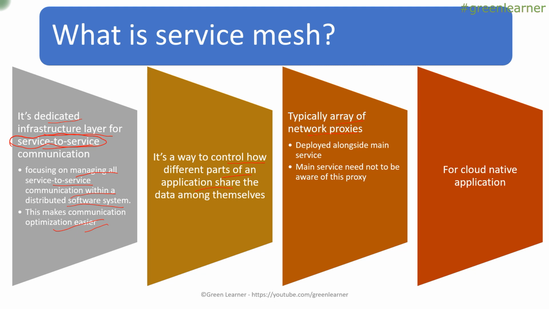When you combine sidecar patterns with multiple services, it looks like a typical array of network proxies. It is deployed alongside the main service, and the main service need not be aware of this proxy. The main application, where you have all the business logic, doesn't have to be aware of the proxy deployed alongside it, and it is best suited for cloud native applications.